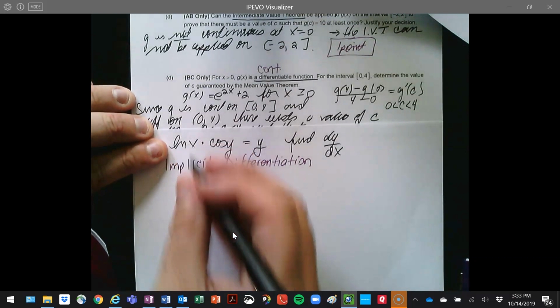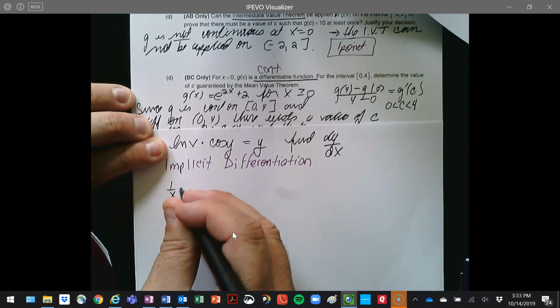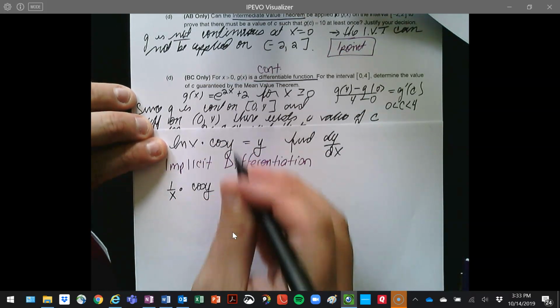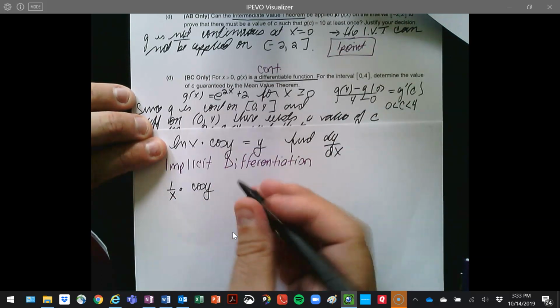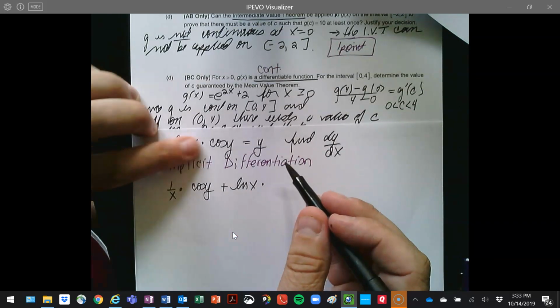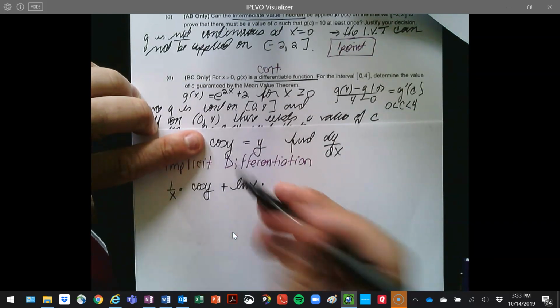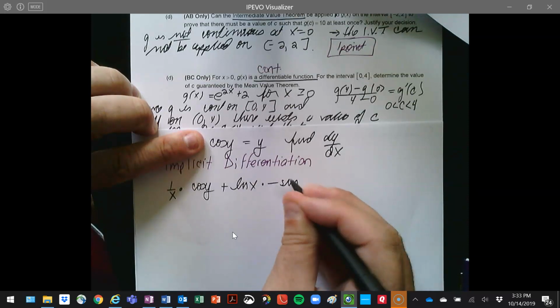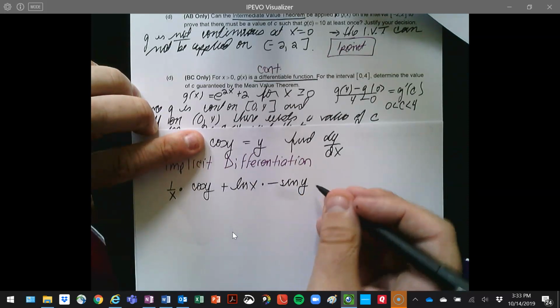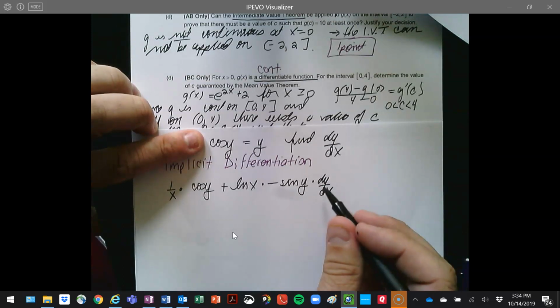And the product rule says take the derivative of the first. Derivative of natural log of x is 1 over x, times, leave the second one alone, that's your cosine of y, plus the natural log of x times the derivative of cosine of y. And the derivative of cosine of y is negative the sine of y times dy/dx because of your chain rule.